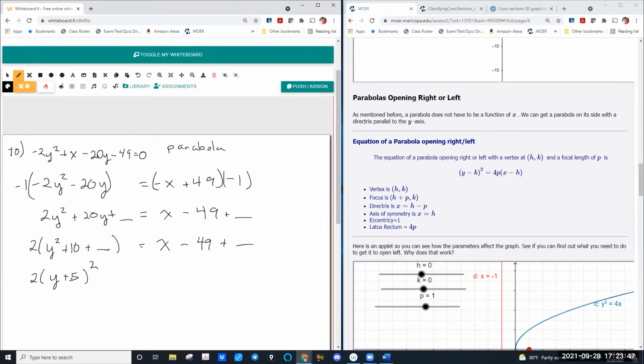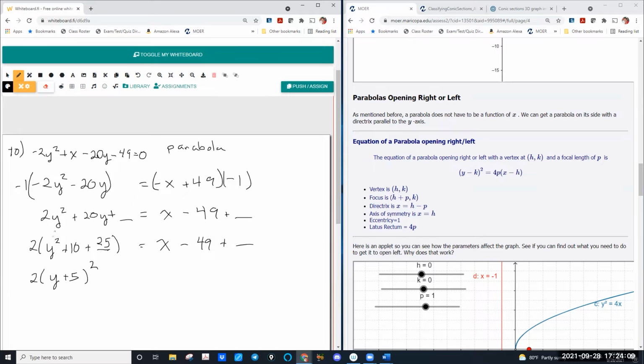Now we've got to fill in what the number is here. Well, if we were to FOIL this out, we would get (y + 5) times (y + 5), which would put 25 right there. That is a perfect square. That factors into (y + 5) times (y + 5), hence completing the square. But I changed what I originally had.